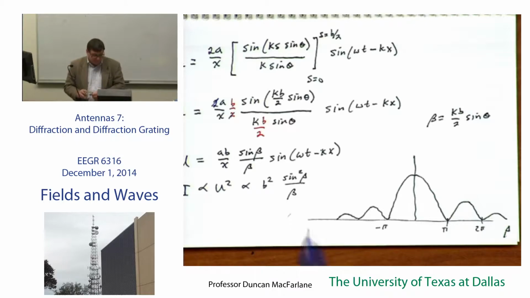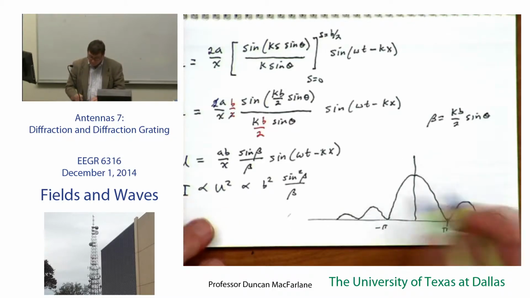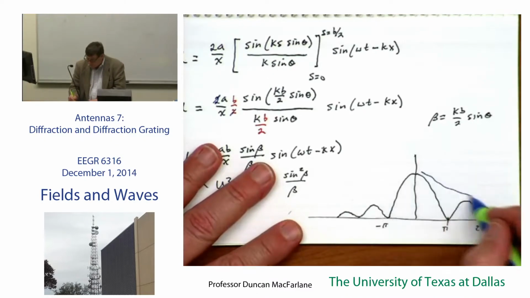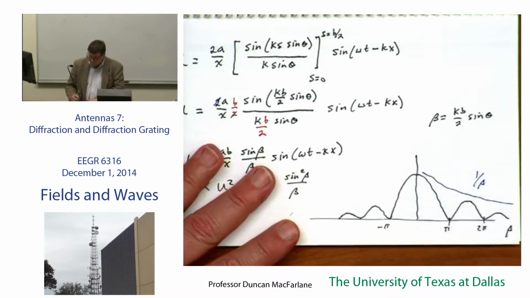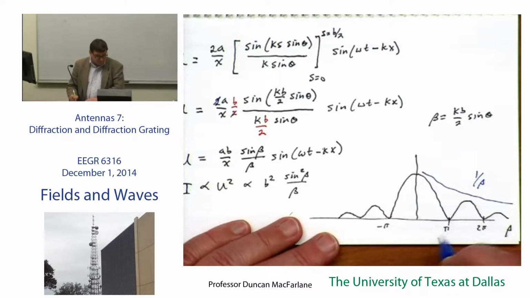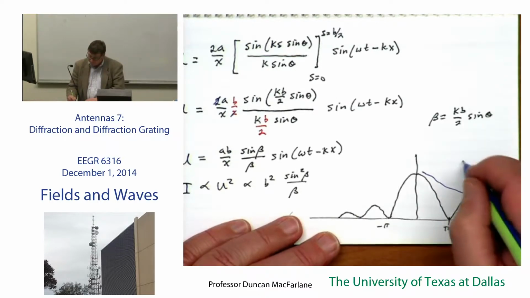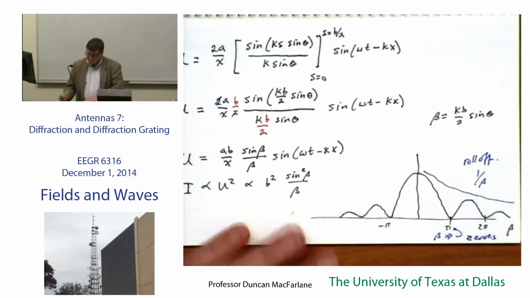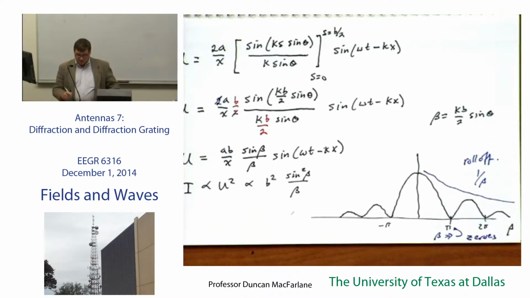So this beta, the decay of this goes as 1 over beta, and the zeros roll off as 1 over beta, and beta also implies where the nulls are and where the maxes are. Okay?